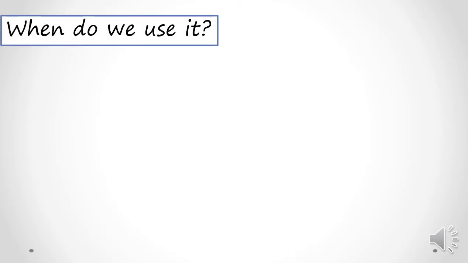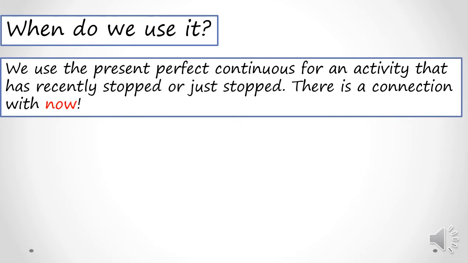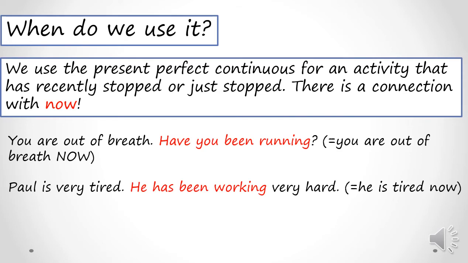When do we use the present perfect continuous? We use the present perfect continuous for an activity that has recently stopped or just stopped. There is a connection with now. Look at the example. You are out of breath.